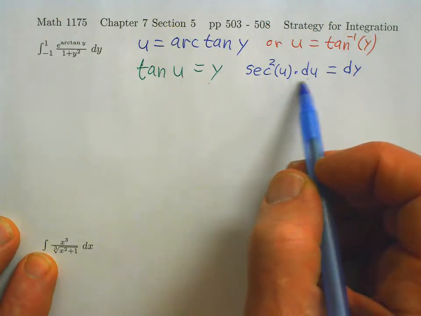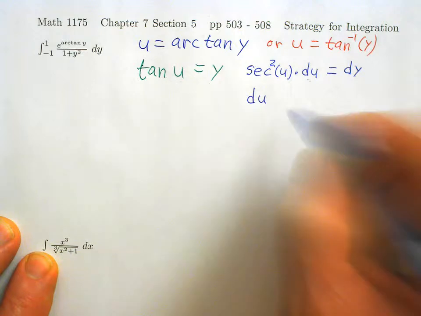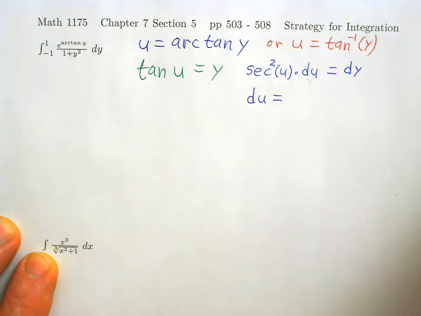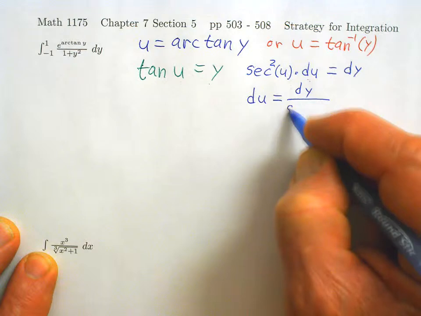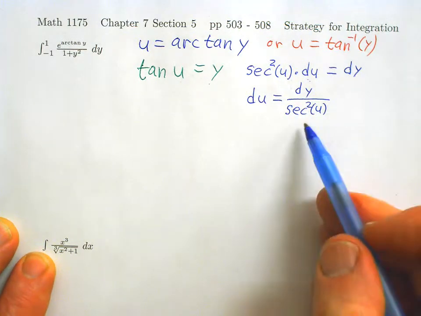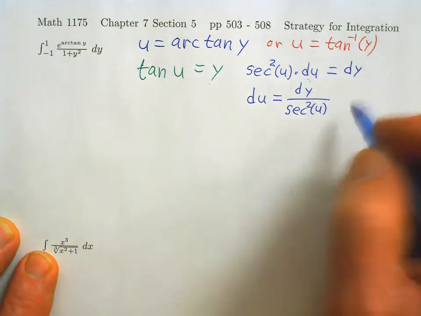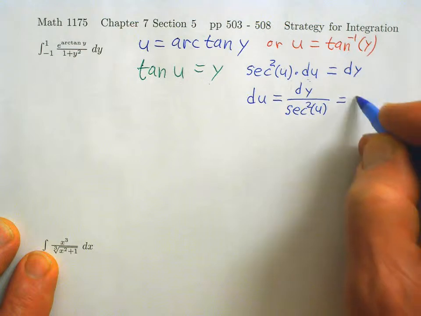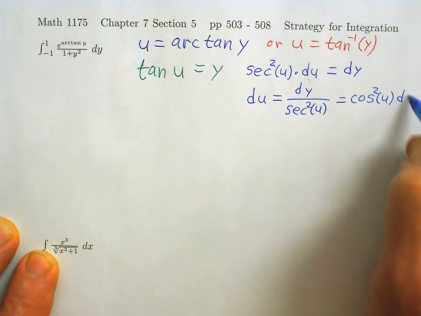Okay, so we solve for du, divide both sides by secant of u squared, so we get du equals dy over secant of u squared. Secant of u squared is the reciprocal of cosine of u squared, so we can rewrite this as cosine of u squared dy.